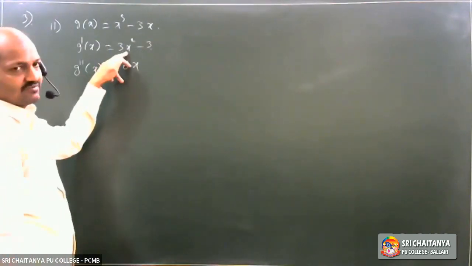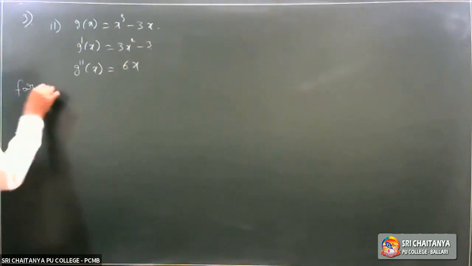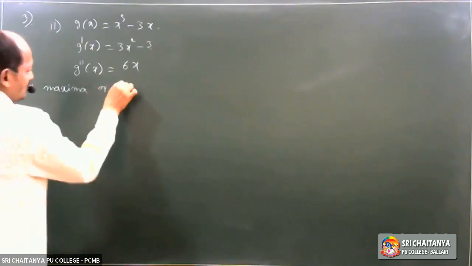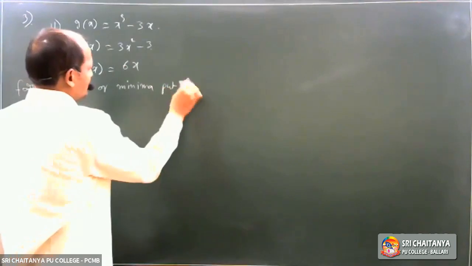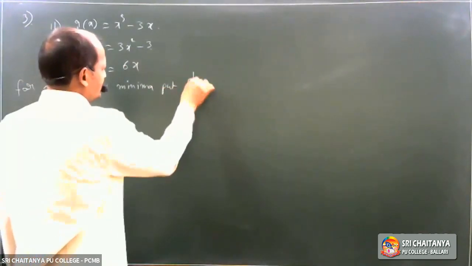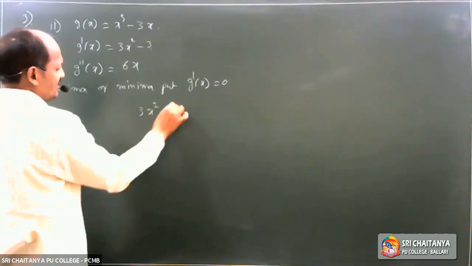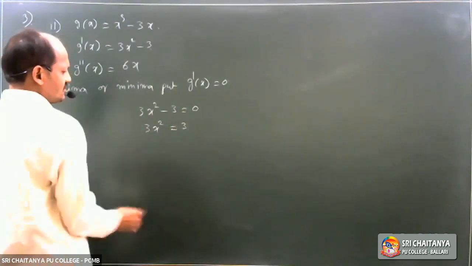For maximum or minimum, put the first derivative equal to 0. That is 3x square minus 3 equal to 0. 3x square is equal to 3.